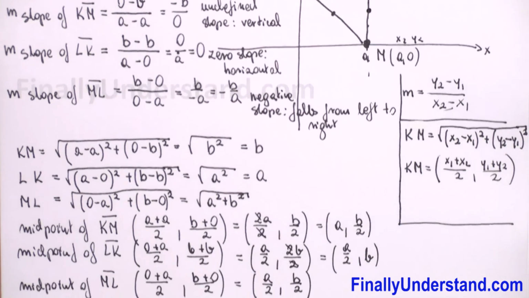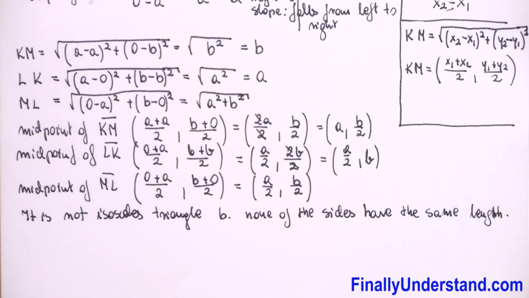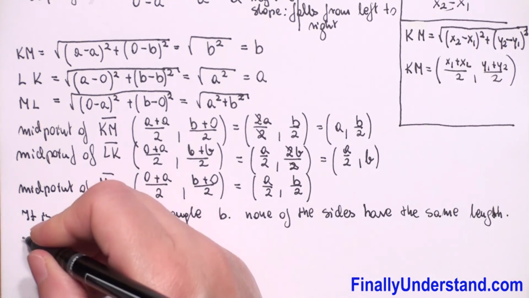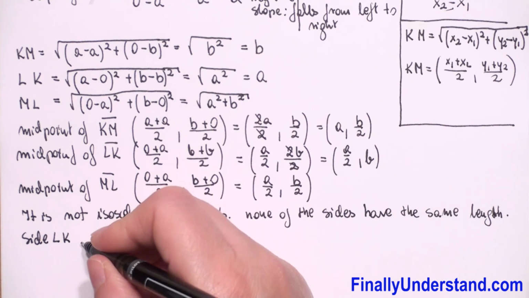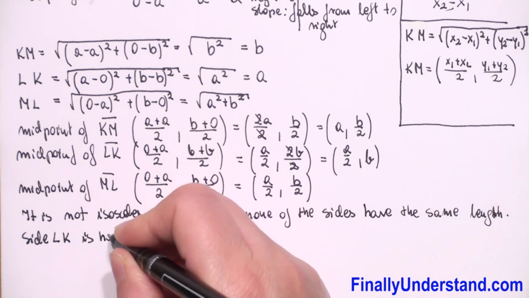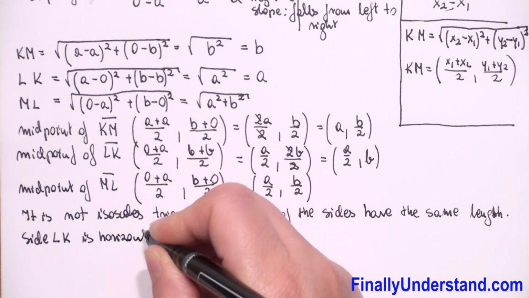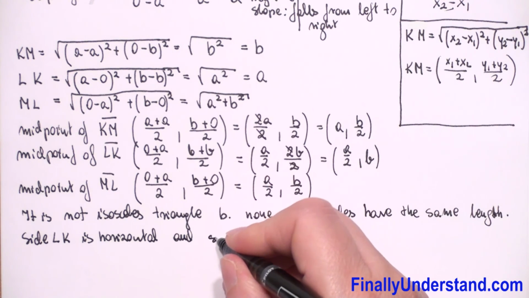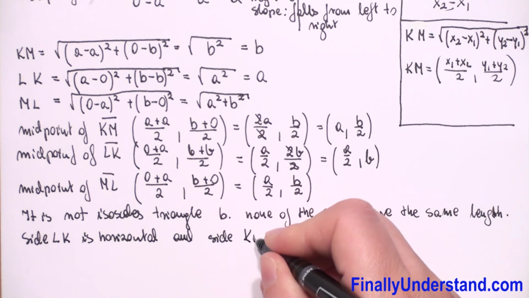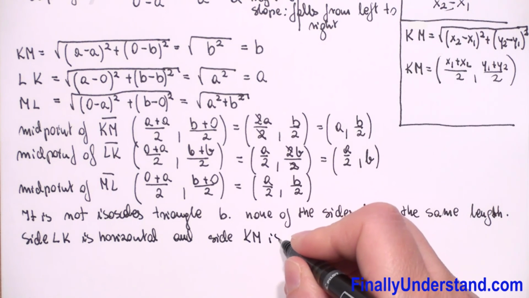So we can write that side LK is horizontal and side KM is vertical.